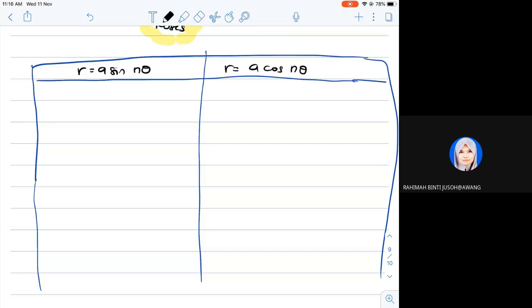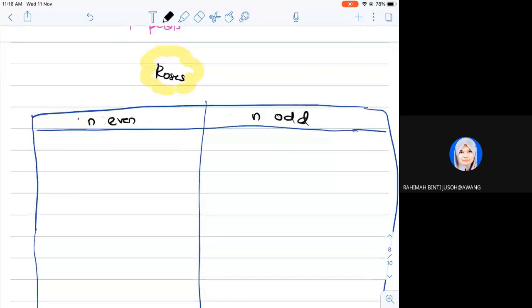Alright, so before that, sorry, saya nak bagikan sekejap. Kita buat macam ni lah, saya tak nak buat sin cos ni, saya nak buat, let's say n is even number, n is odd, gitu, okay. Even ni maksudnya apa?